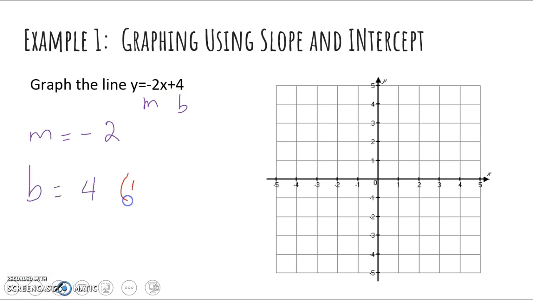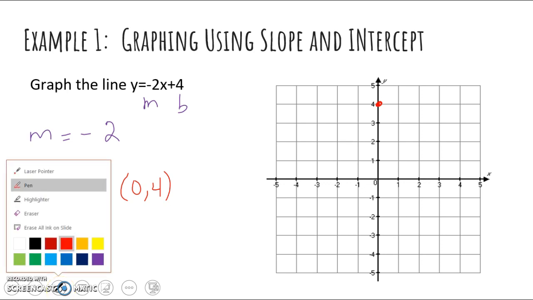So for the 4, that's the point 0, 4. So I know the point 0, 4 is on the graph. And I'm going to begin there. Begin with B.